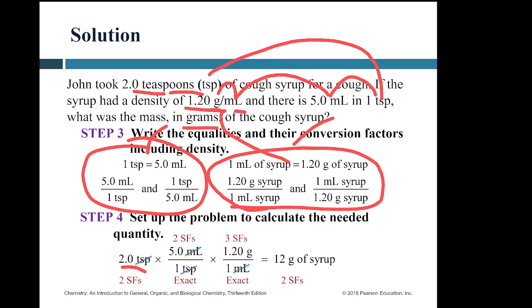So I'm going to take teaspoons, starting off with that, mostly because it's not divided by anything, so it's easy to figure out which side needs to be on top. Then I'm going to get rid of teaspoons, so teaspoon needs to be on the bottom, right?